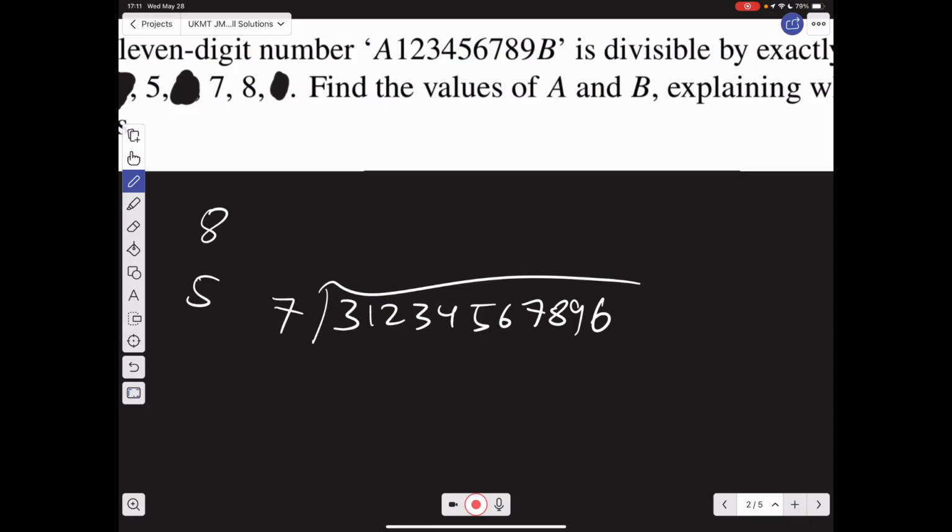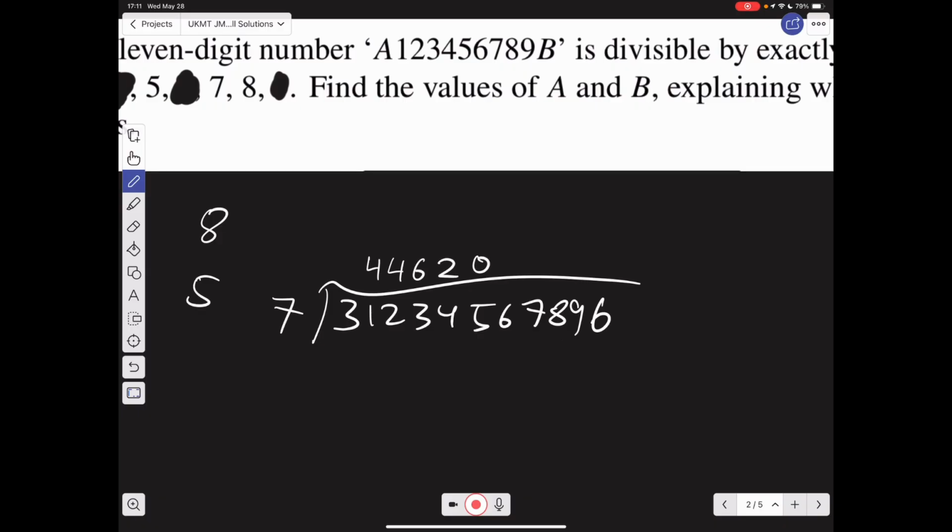Now I'm going to do this division. I'm going to try to do it in my head-ish. Actually, I'm just going to use normal division. So that's 4, then it goes in.